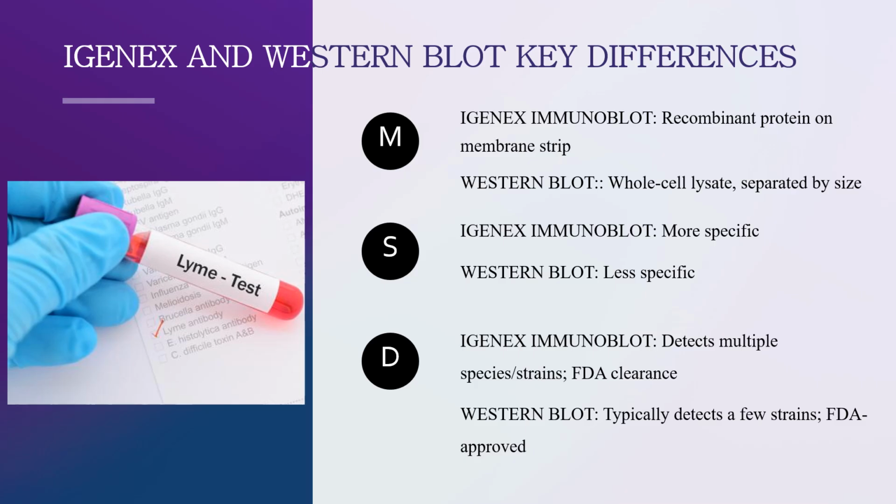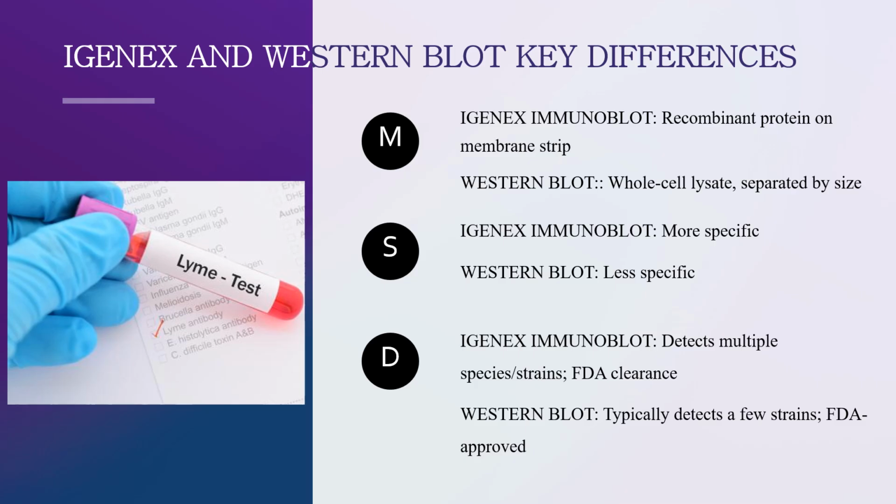The IGeneX uses a recombinant protein sprayed onto a membrane strip, allowing for detection of multiple species and strains of the Lyme-causing bacteria. It's also very specific, more specific than the Western blot, because it uses those recombinant proteins instead of proteins from a natural source.